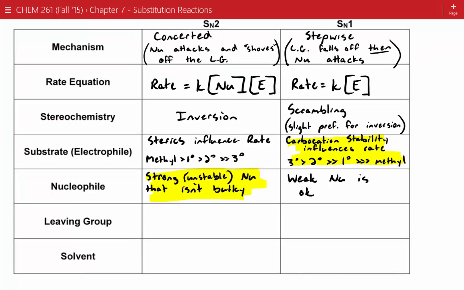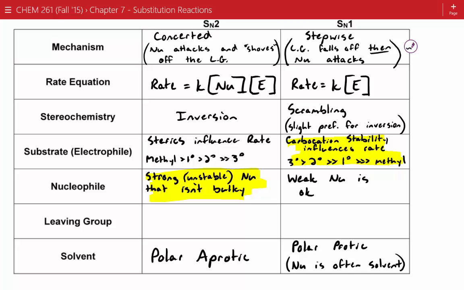So polar aprotic. And what about SN1? Polar protic. And the other thing to note with an SN1 is that our nucleophile is often solvent.